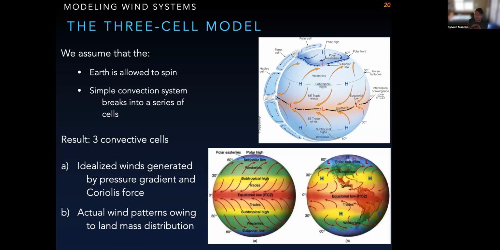As soon as we start adding a little bit more features that we can observe, this gives us a more realistic view, which better explains the type of climate we do observe. On this one, mostly what we had was the continents. We had the land in two pictures, and we see a little bit of redistribution of those cells and the formation of high pressure and low pressure systems.